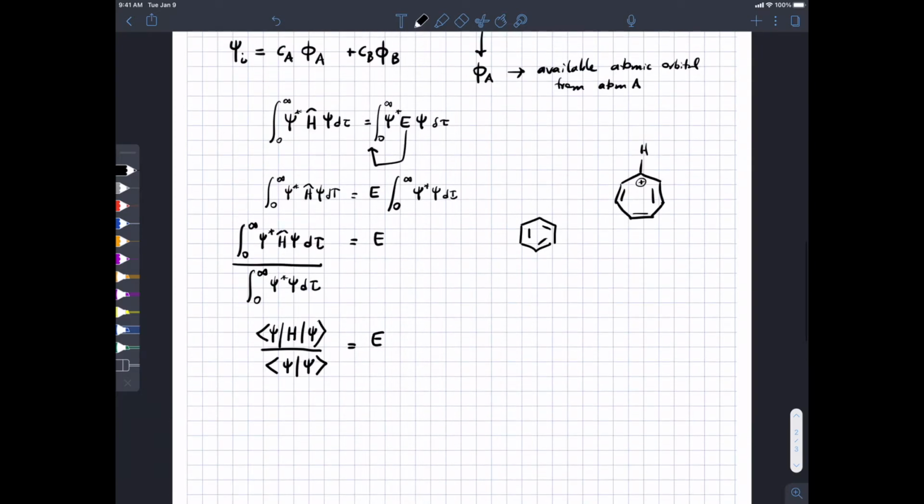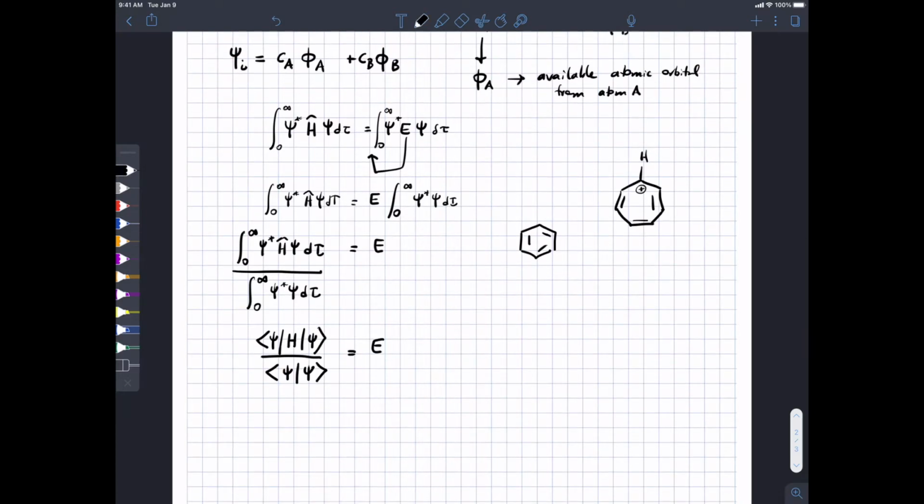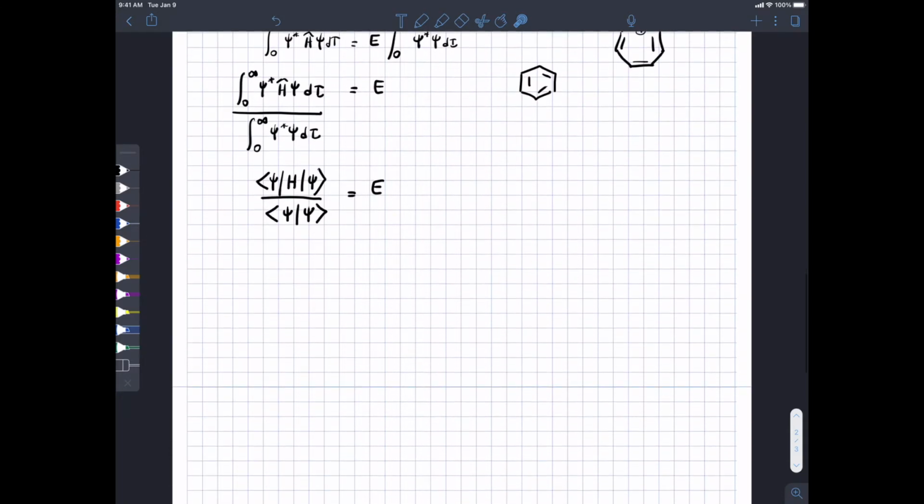We said that we're going to imagine the wave function as a linear combination of the available atomic orbitals. So what I'm going to do now is painful. We're going to plug this in anytime there's a wave function. So I'll write that out here.